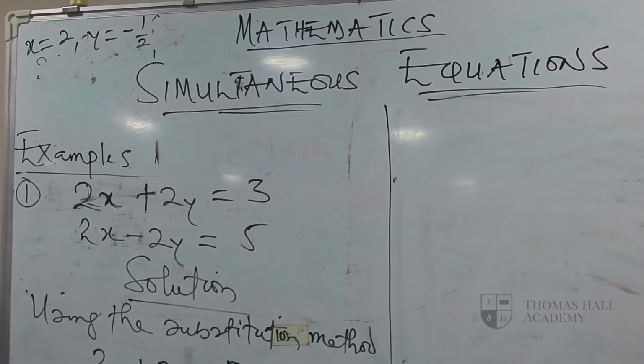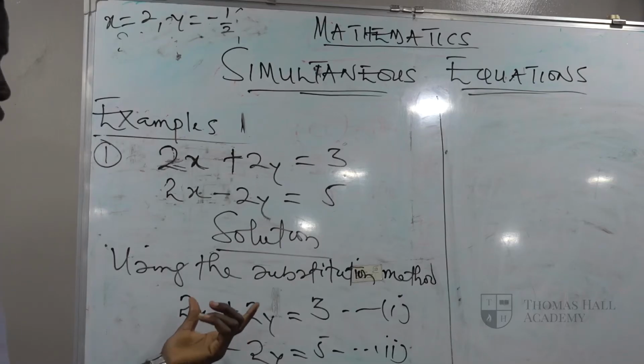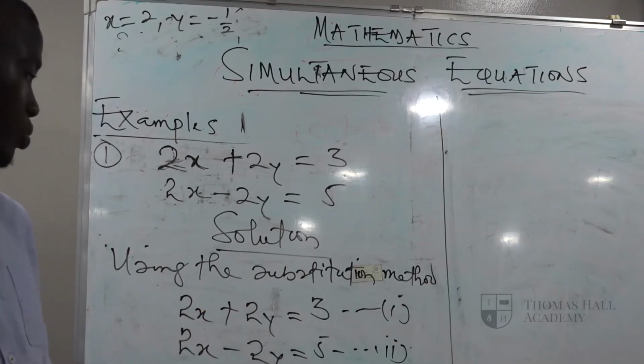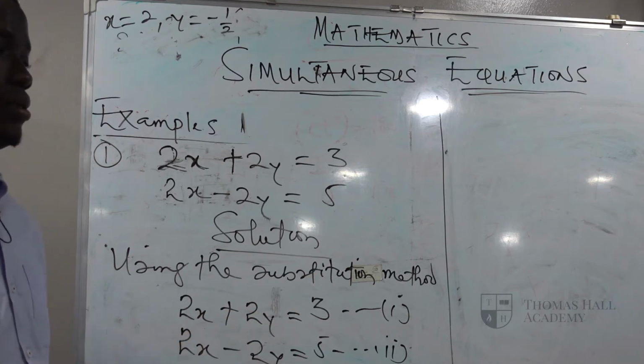Now how do we use this method? Unlike the elimination method, where we have to eliminate a particular variable before we can get the other one, in this case we don't have to eliminate any variable. You choose between equation 1 and equation 2, whichever you would like.